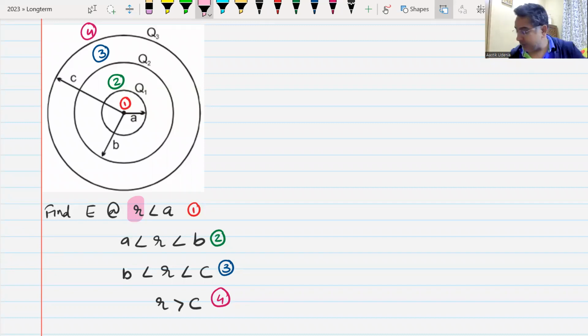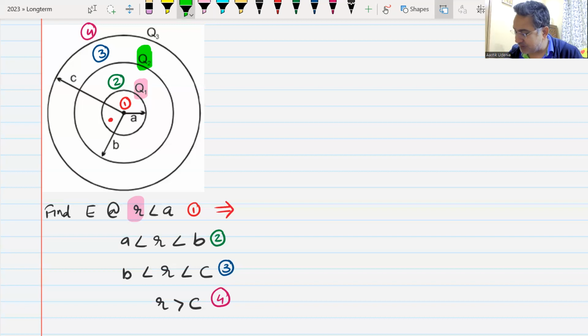So how are we going to do this? When I look at position number 1 here, this point will lie somewhere inside all these shells. Electric field due to the pink shell, the point is inside, it will be 0. Yes or no?